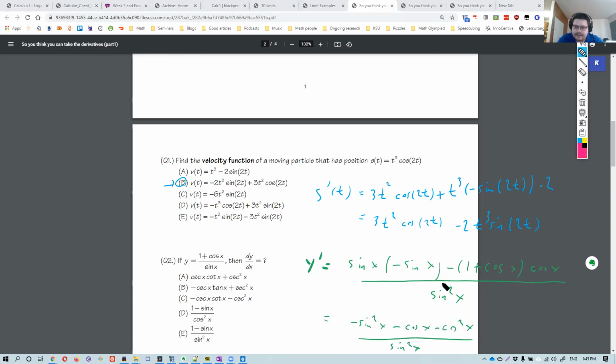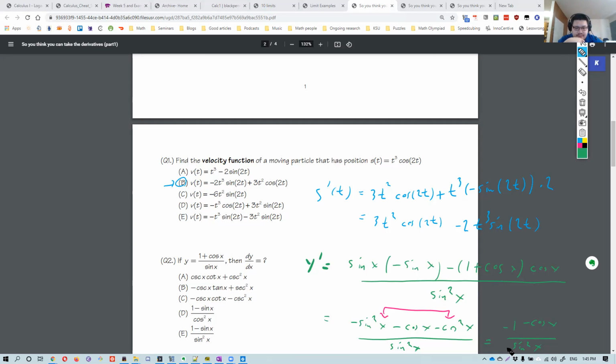But note that these two terms, minus sine squared x minus cosine squared x, are just going to be -1. So this is equal to -1 minus cosine x over sine squared x.